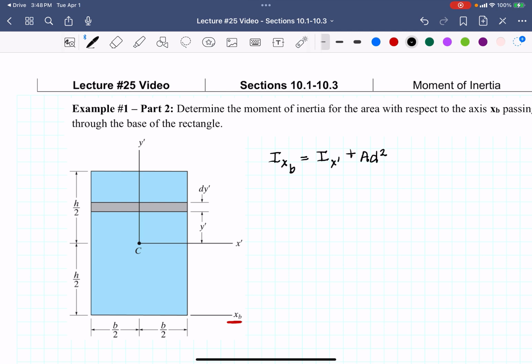So I already calculated that I of x' before equals bh cubed over 12.